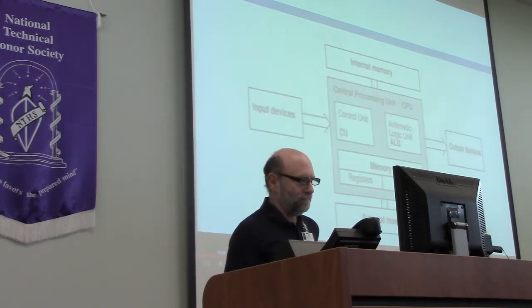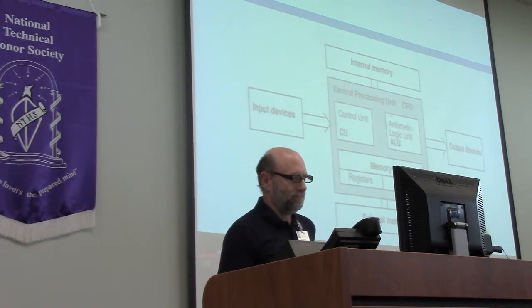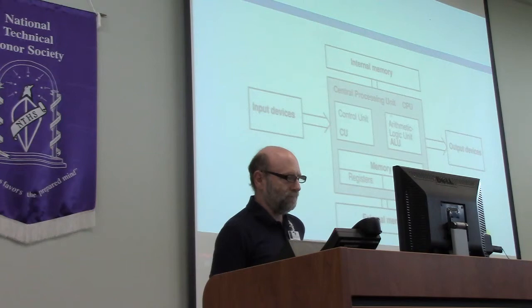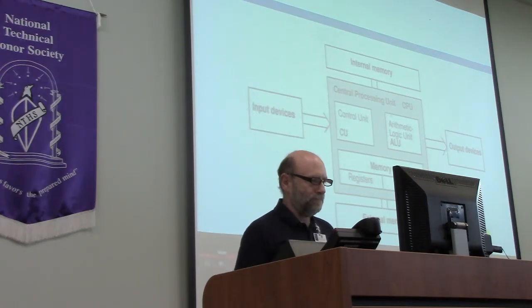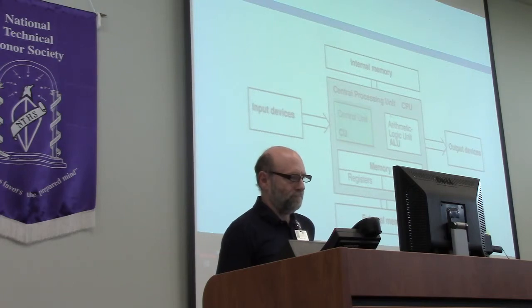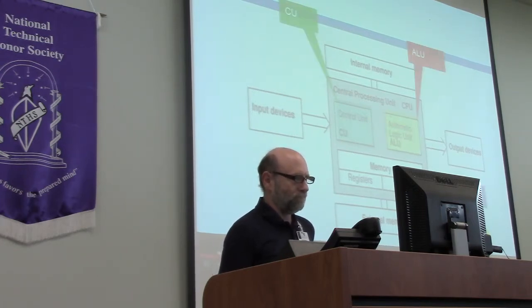And in the CPU there are 3 main parts. The first one is the CU, that means the control unit. The second one is the ALU, that means the arithmetic logic unit. And the third one is the memory. Let's talk about each one, what is happening there.